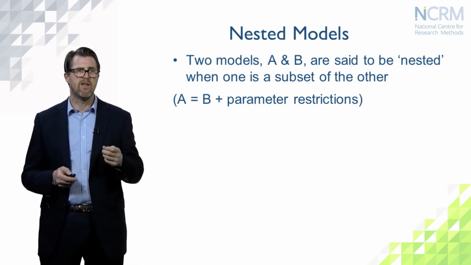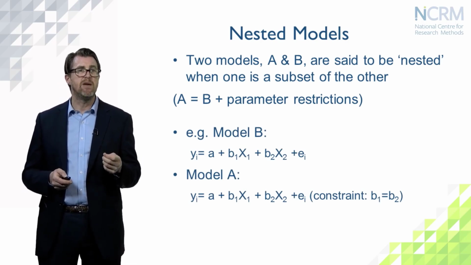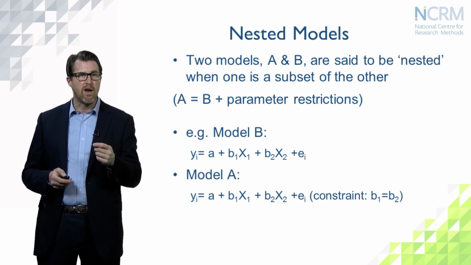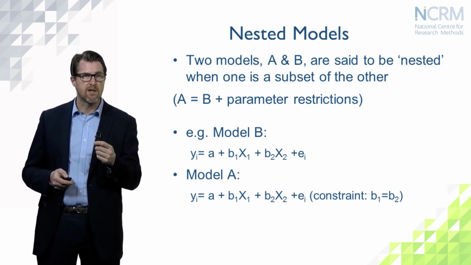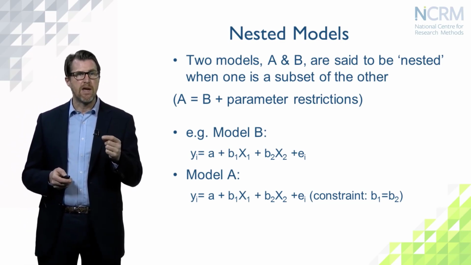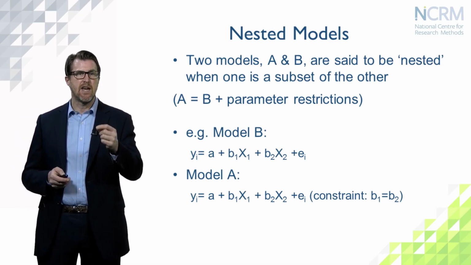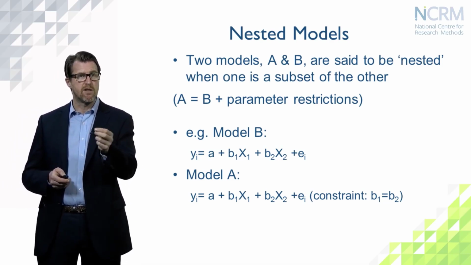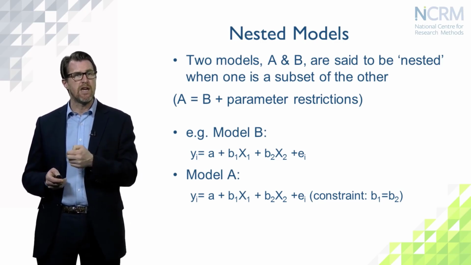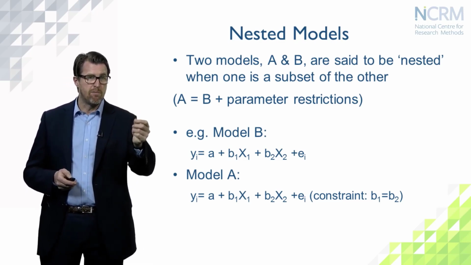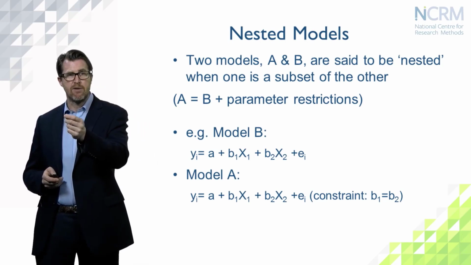To take an example, if model B has the form y equals a plus beta 1 x1 plus beta 2 x2 plus e, then model A will be nested if it has that same structure, but it applies a parameter constraint to the two beta coefficients that they are equal. So we now have this property that model A is the same as model B with an added parameter constraint.